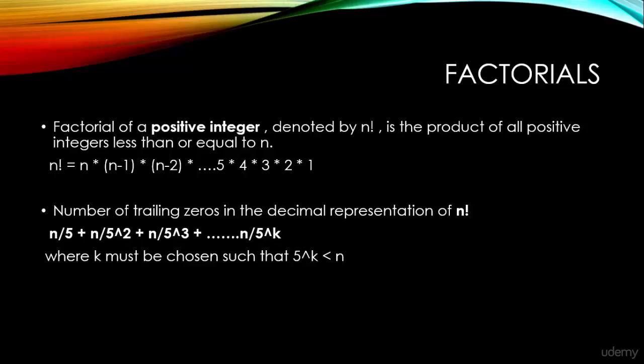Trailing zeros. Trailing zeros are a sequence of zeros in the decimal representation, or more generally, in any positional representation of a number after which no other digits follow.